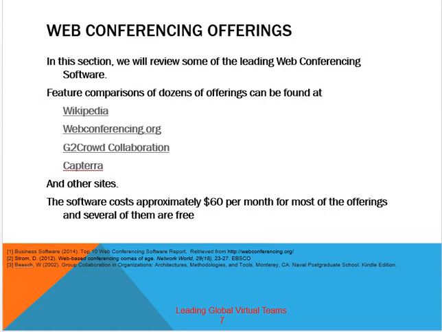In this section, we'll review some of the leading web conferencing software. And we're going to look at feature comparisons of the dozens of web conference offerings that can be found at these locations: Wikipedia, webconferencing.org, G2 Crowd Collaboration, Capterra, and of course there's other sites.